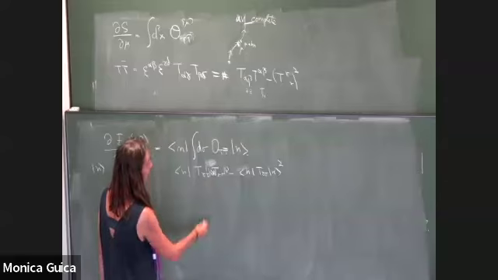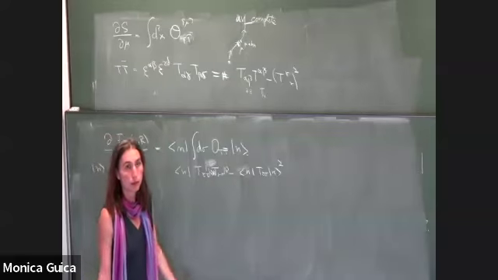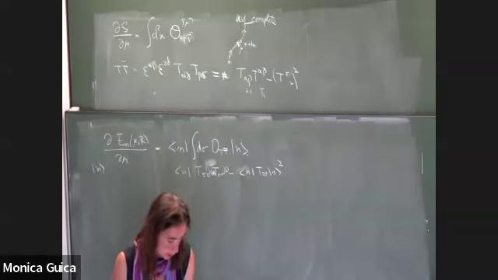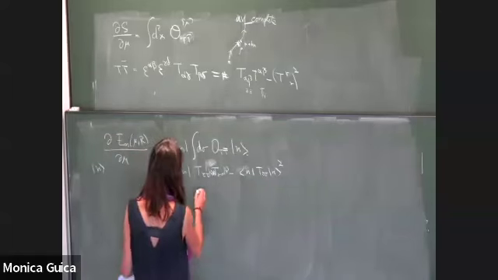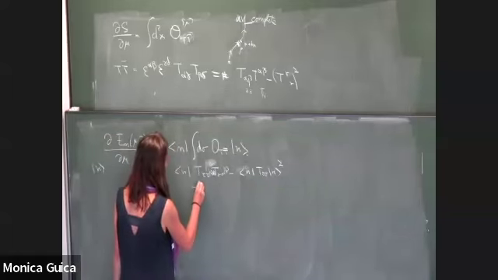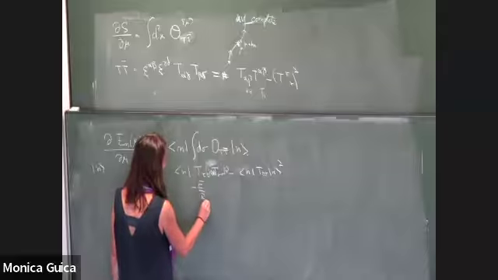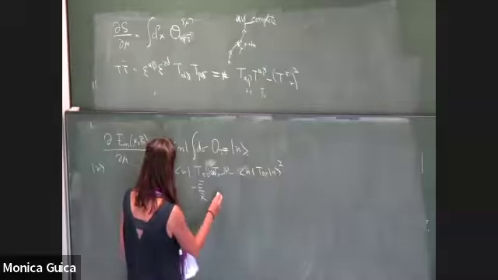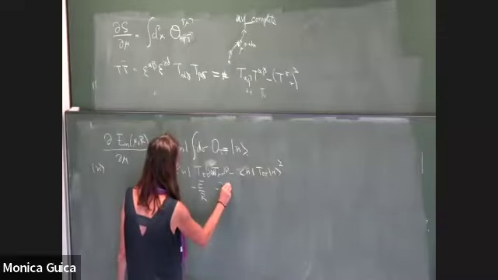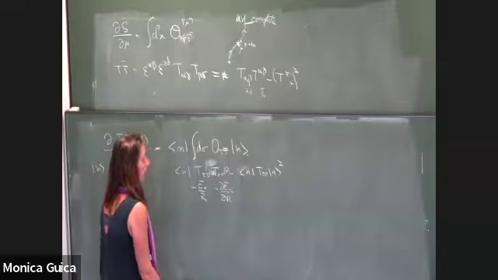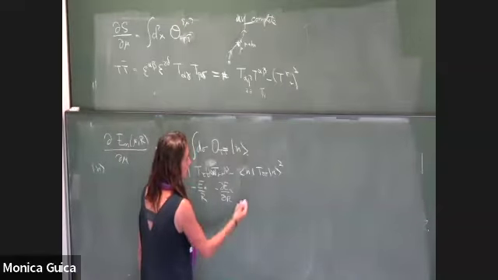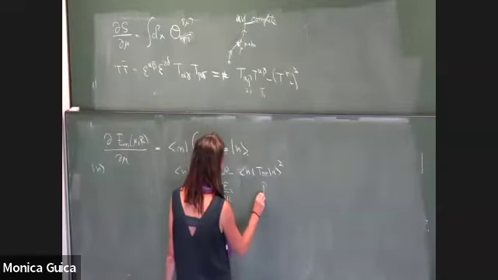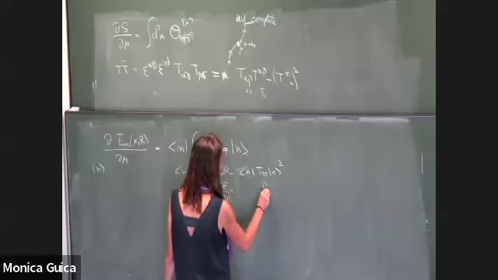So the expectation value of the tau tau component of the stress tensor is just going to be the energy divided by R, and in Euclidean, this is minus E over R. T sigma sigma turns out to be related to dE by dR. So this is the energy of the nth level. And T tau sigma is the momentum density. So this thing is going to be Pn over R.